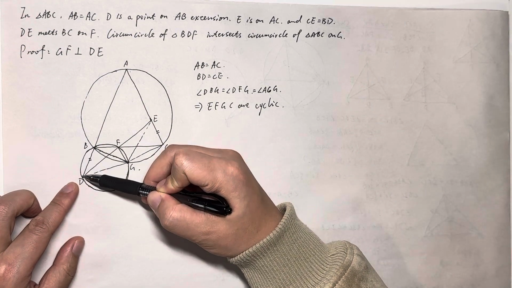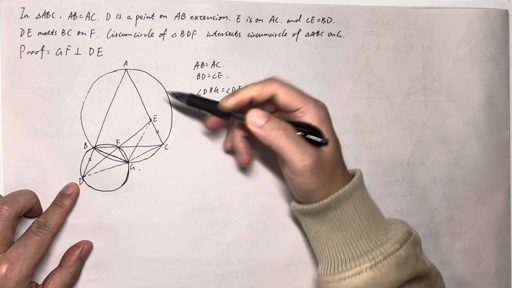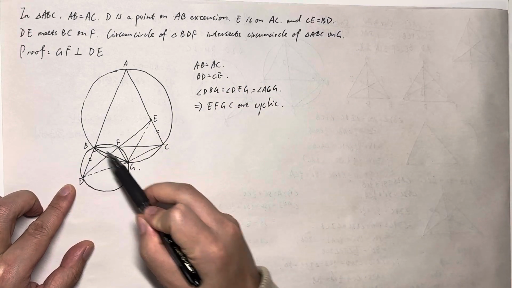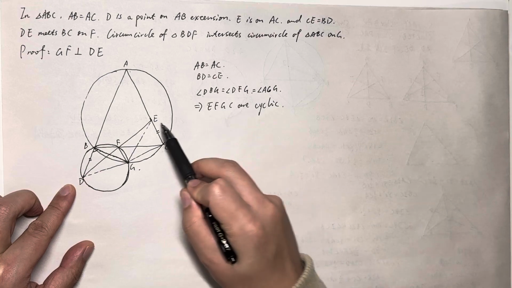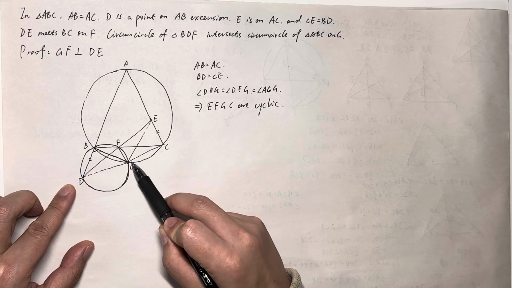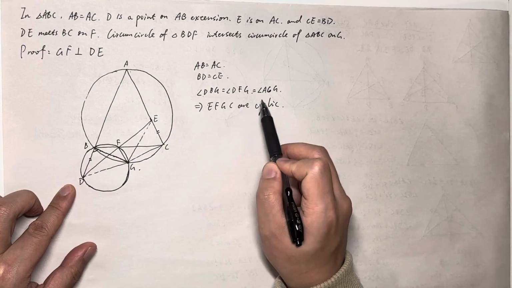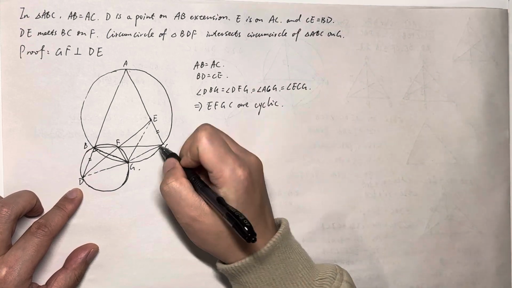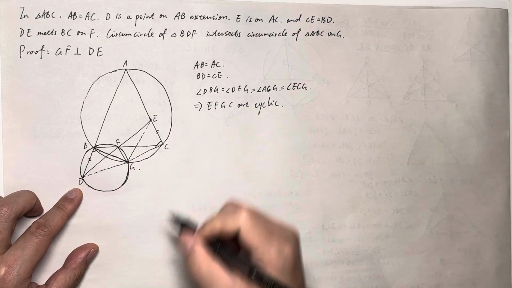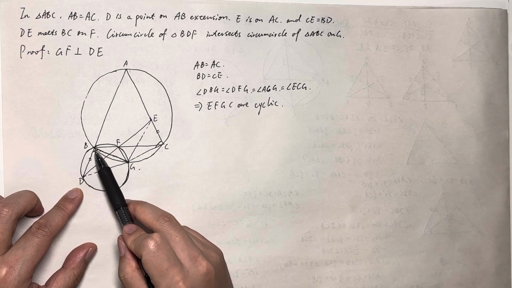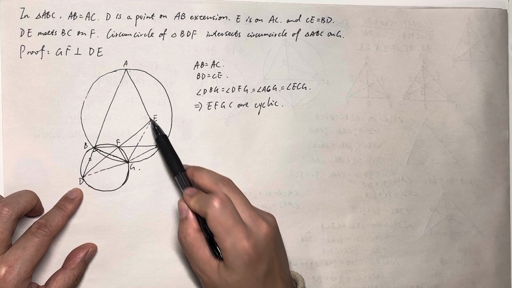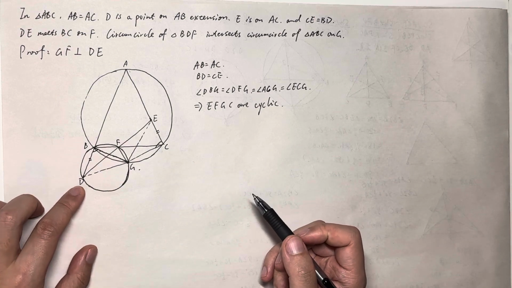This side equals this side, and this angle, angle DBG, equals angle ECG, right? Looks like we may be able to prove these two triangles are identical, right?